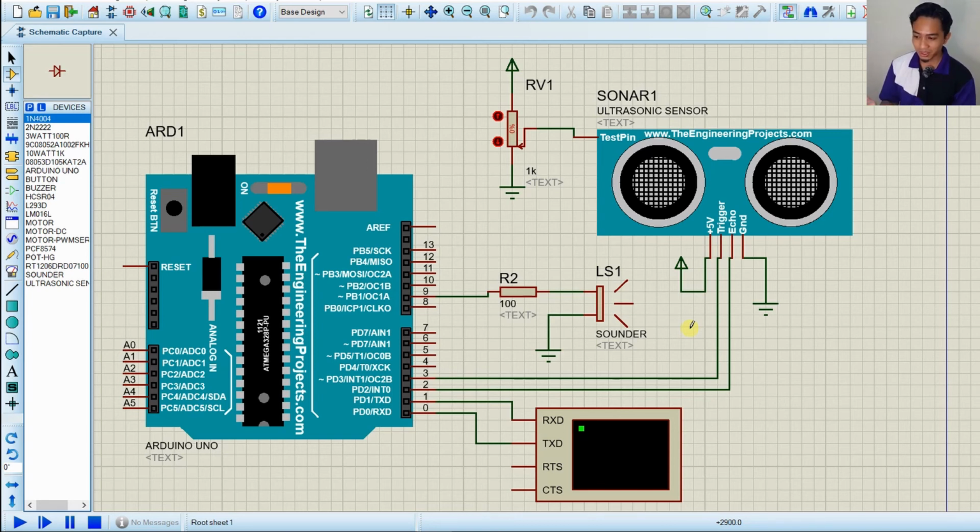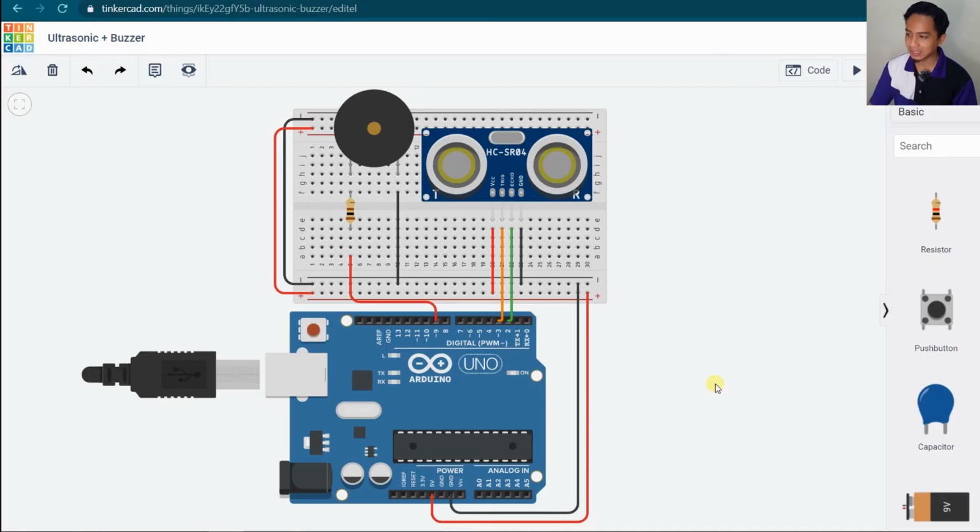You can pause it here if you want to construct the circuit according to this Proteus here, but if you want to construct the circuit according to this Tinkercad here, by using hardware, you can follow this circuit here. As usual, you can pause any part of this video, and whenever you are ready, you can proceed with the next video.